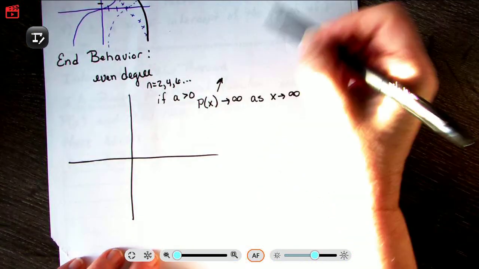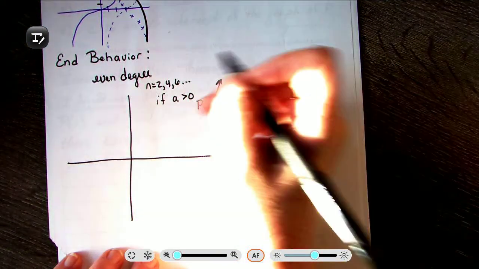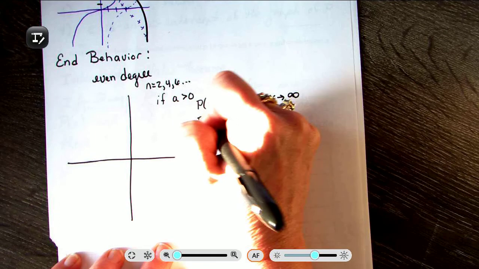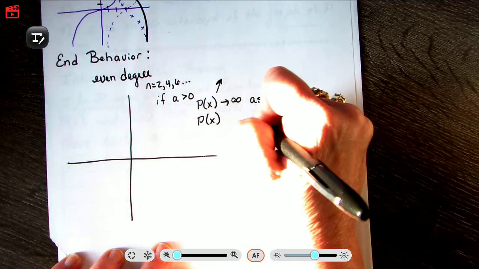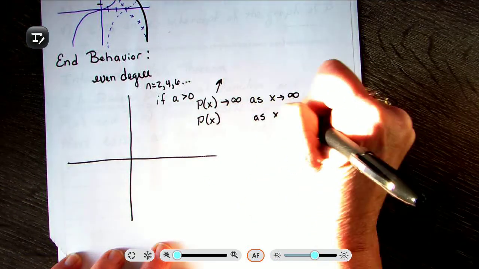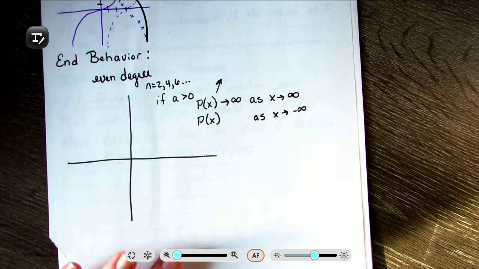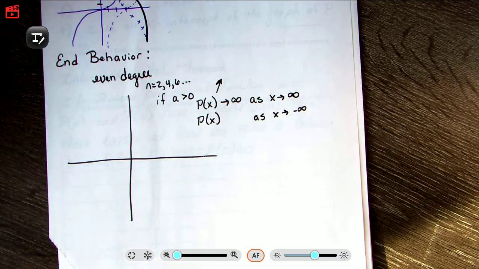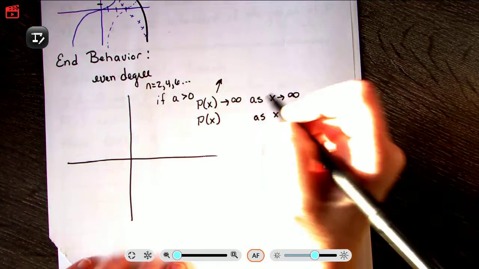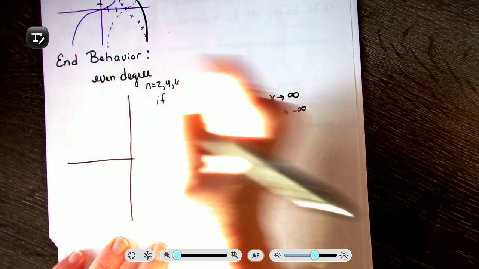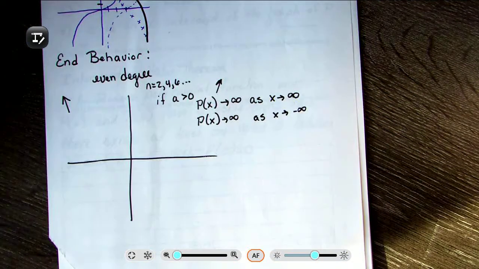It'll get bigger and bigger and bigger. Also, as x goes to negative infinity, if we have an even degree, remember, think of your quadratic. The ends do the same thing, so they'll be going up. So it will also be going to infinity. So it'll kind of look like that on the ends.